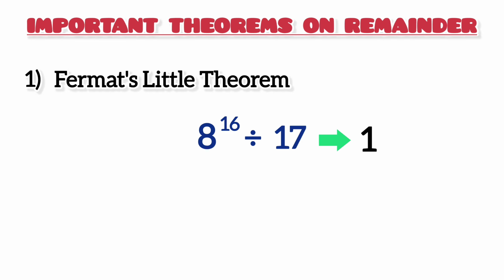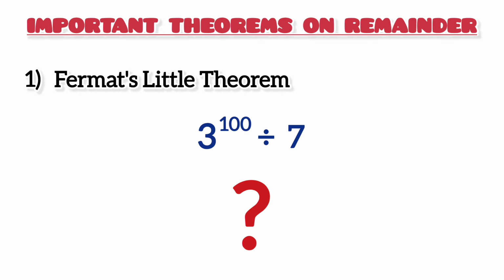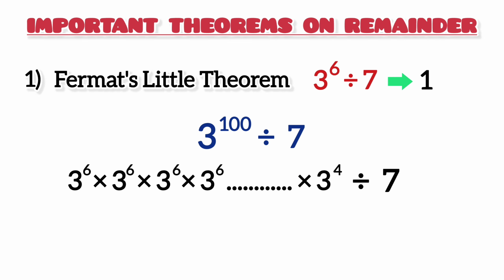Let's work on a difficult question using this theorem. If you are asked to find the remainder of 3 raised to the power 100 when divided by 7, you can see 7 is a prime number. But how do we apply Fermat's theorem here? From Fermat's theorem, we know 3 raised to the power 6 when divided by 7 will leave the remainder 1. So write 3 raised to the power 100 as 3 raised to the power 6 into 3 raised to the power 6, going on 16 times, into 3 raised to the power 4.